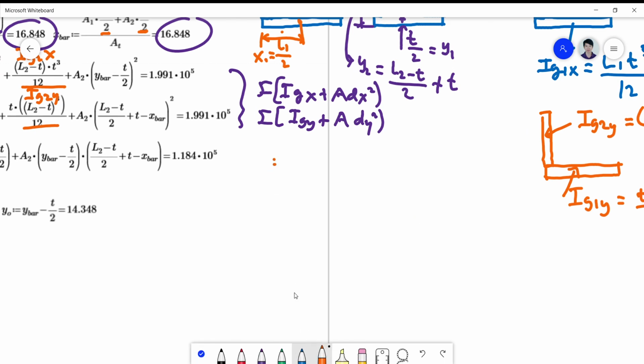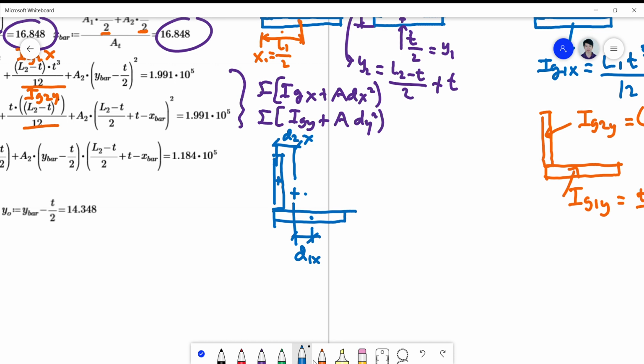So if I have here my x centroid, this is the centroid of the whole section. The distance from here to here is my d1x, and the distance from here to here is my d2x.